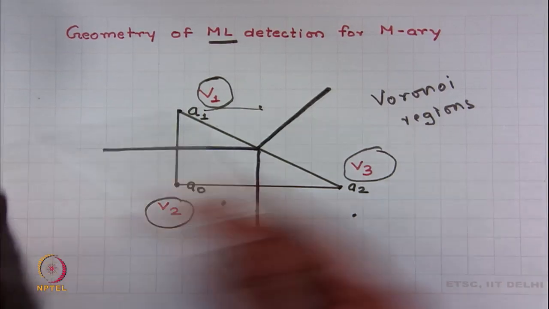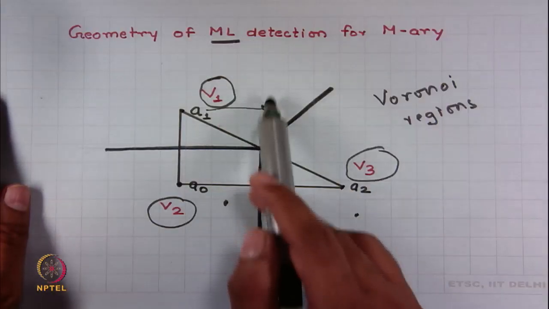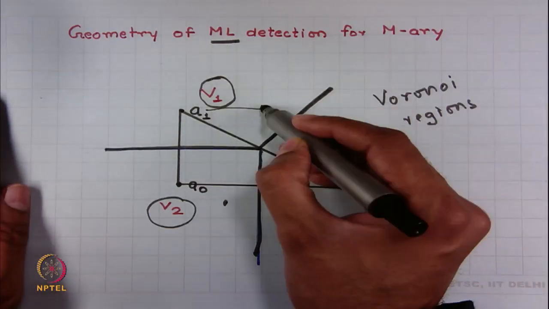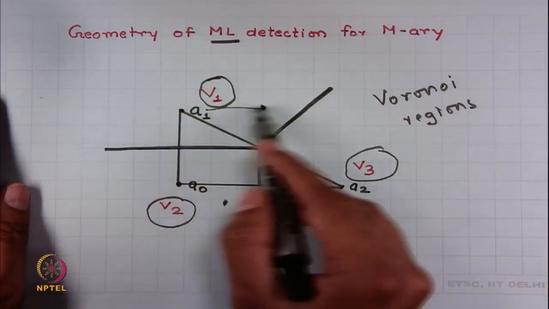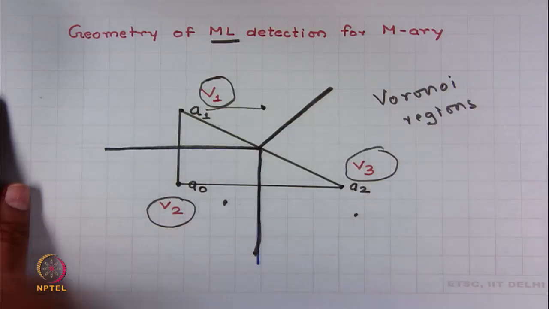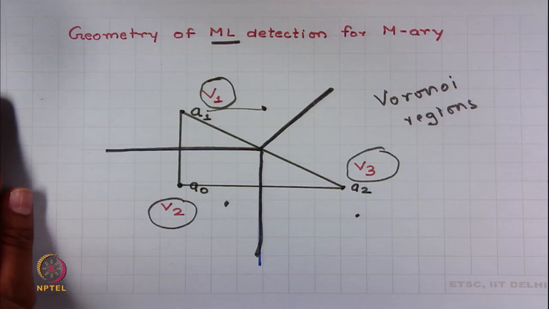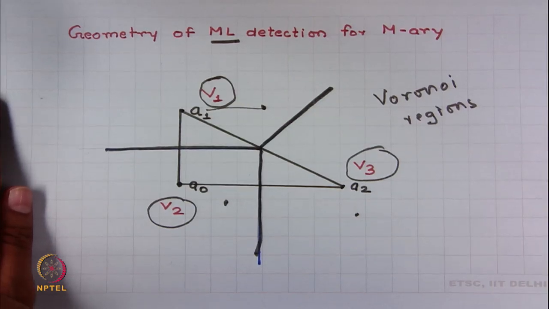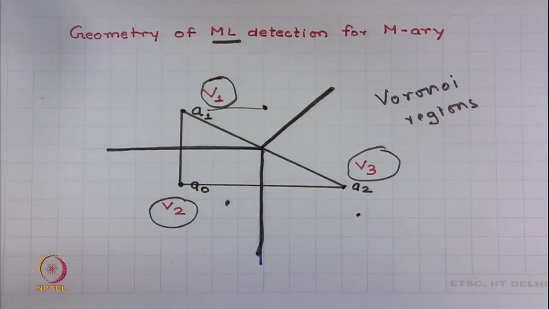And again, you can see here as well, this ML detector is simply calculating the distance of the received signal from all possible signals, and then deciding based on the minimum distance, and this will become clear mathematically now.